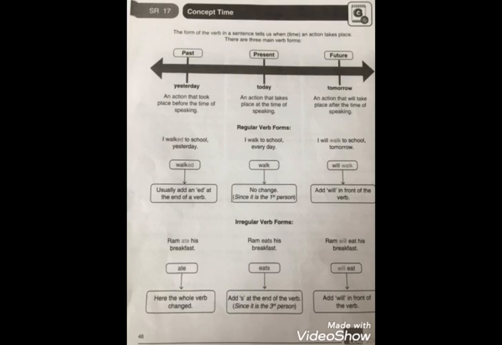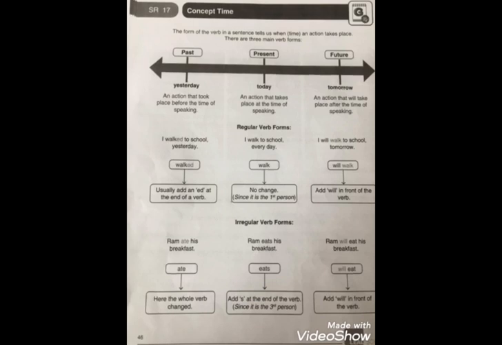The form of the verb in a sentence tells us when, at which time, an action takes place. So there are three main tenses: past, present, future. Past means yesterday, present means today, future means tomorrow.